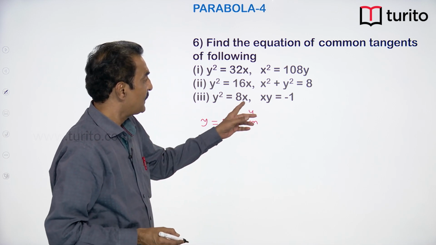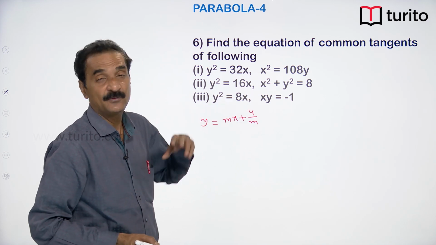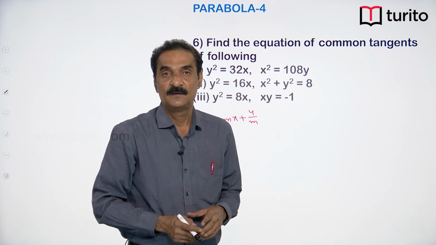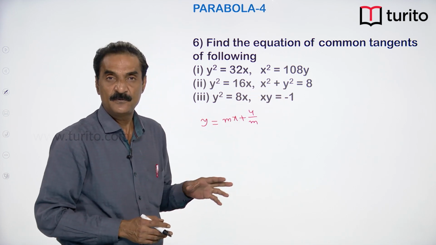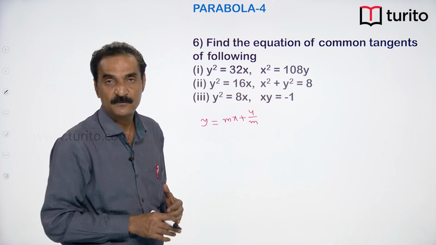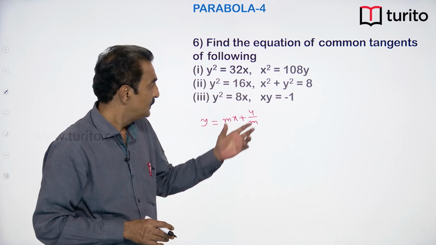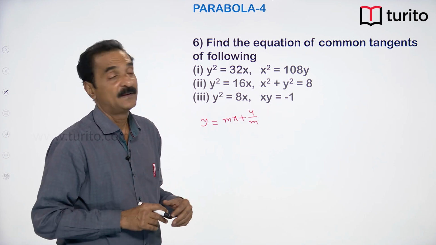But this time we do not have a condition for tangency of xy is equal to minus 1. Because already we have studied about circle, we could apply the condition for tangency, but here we have not studied about this curve. It is a hyperbola, we are going to study later.